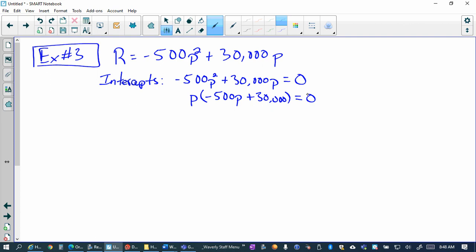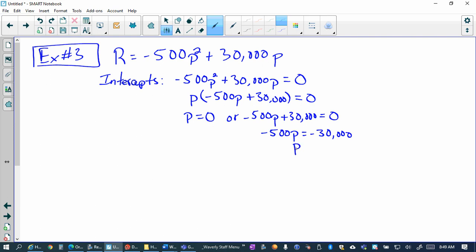So now we have 2 factors, so we just set them both equal to 0. Either this factor p equals 0, well, that's easy to solve, it's already solved itself, right? Or negative 500p plus 30,000 equals 0. Let's subtract 30,000, so we get negative 500p equals negative 30,000.